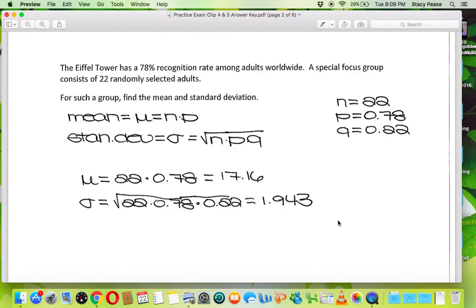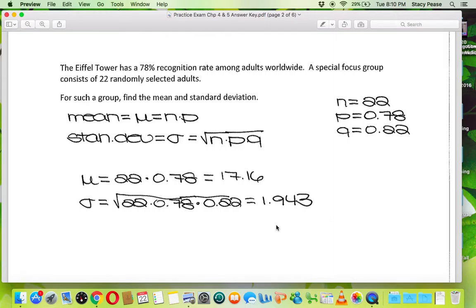Here is another problem from your binomial probability equations. This gets into calculating your mean and standard deviation based on the special equations that were given to you in the lecture for calculating a mean and standard deviation from a binomial.